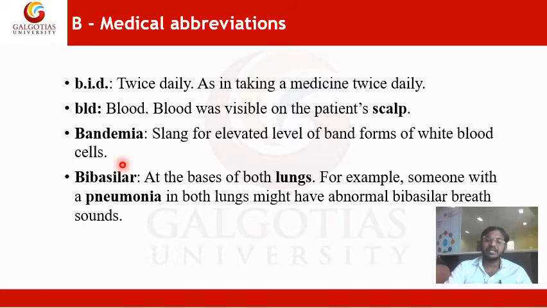When the patient gets pneumonia, pneumonia means nothing but water or thick fluid formation inside the alveoli. During that time, when you are breathing, it makes some disturbance inside the lungs. That is called basilar.